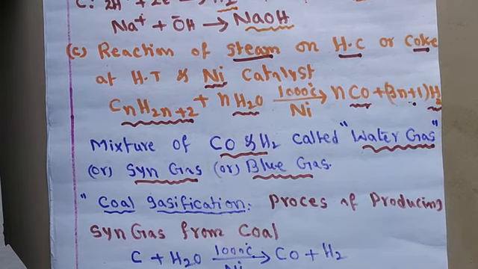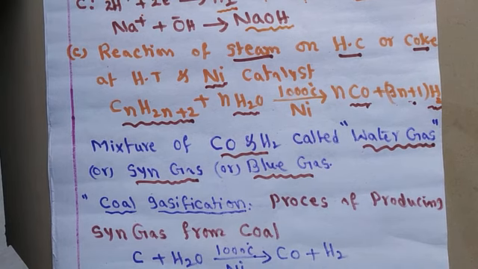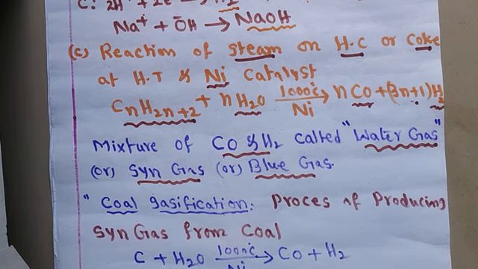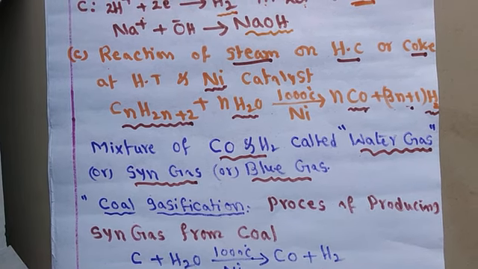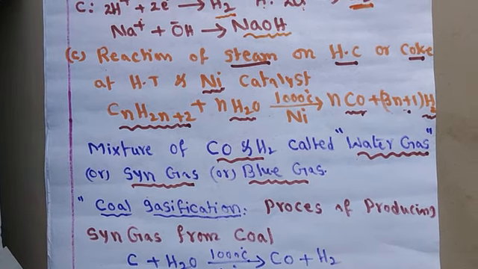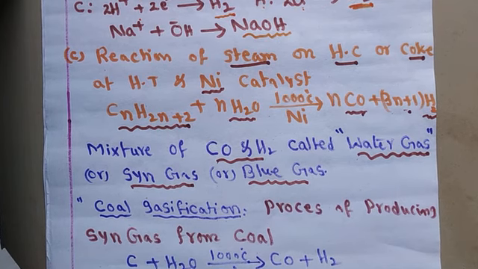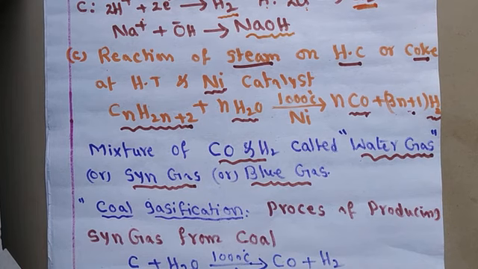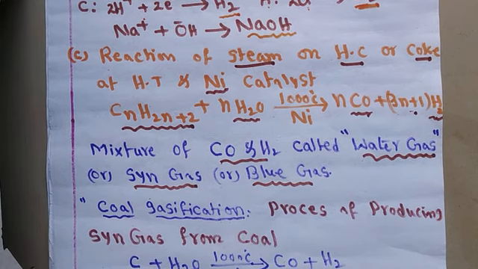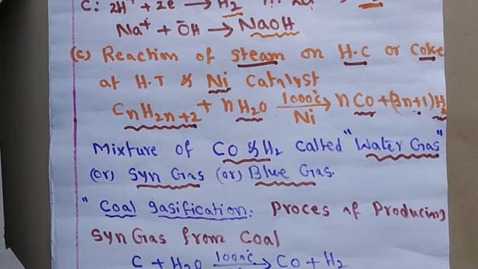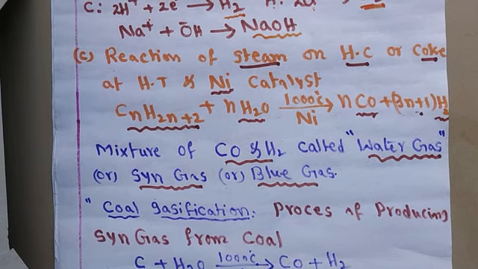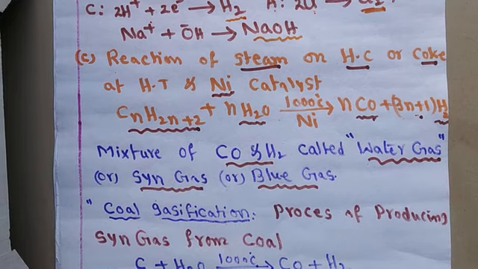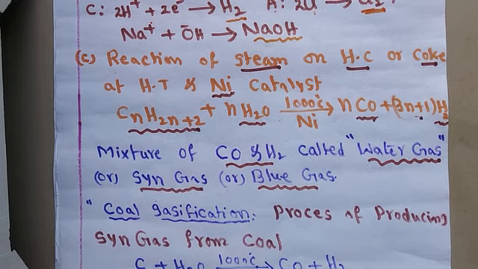So what is blue gas? The mixture of carbon monoxide and hydrogen is called blue gas, because it burns with a blue flame. Why is it called syngas? Because it is used for the synthesis of hydrocarbons like methane, methanol, ethanol, and aldehydes and ketones are prepared using this mixture of compounds. That is why it is called syngas, children.